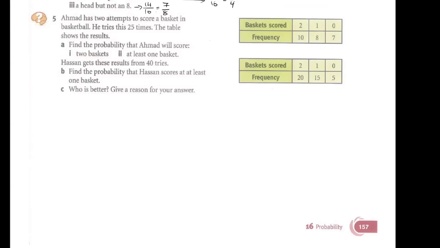Okay, 2 baskets scored. Oh, this is for Ahmad. This is for Hassan. So the probability of scoring 2 baskets is 10 out of 25.